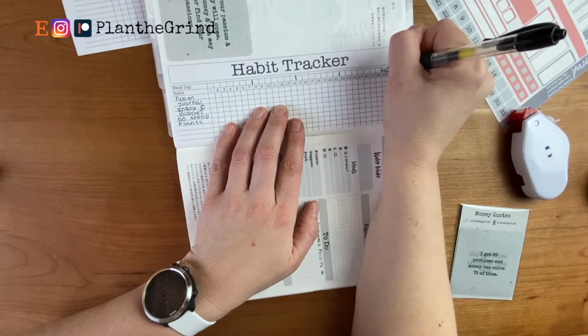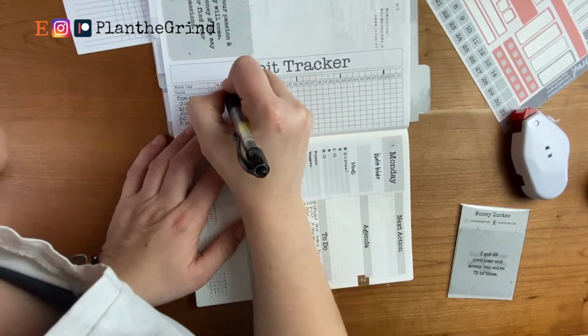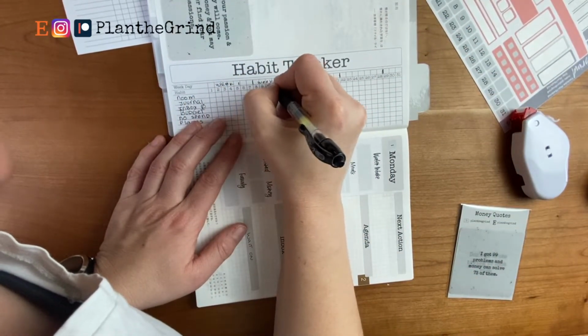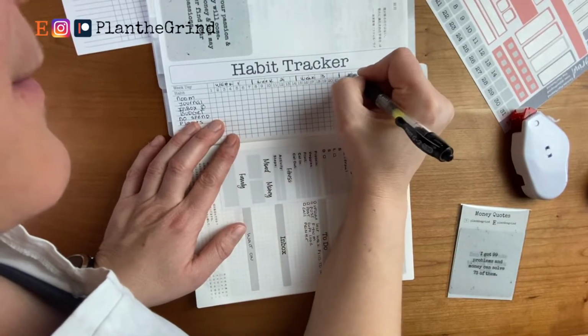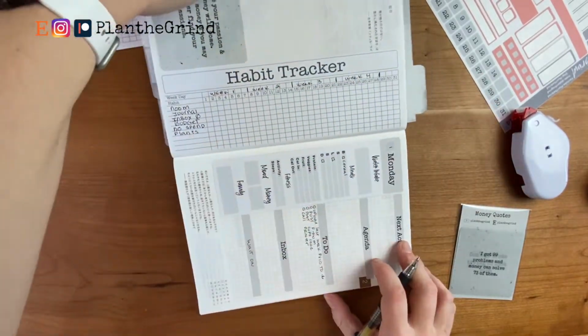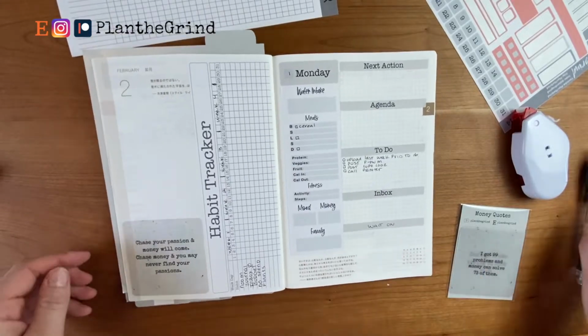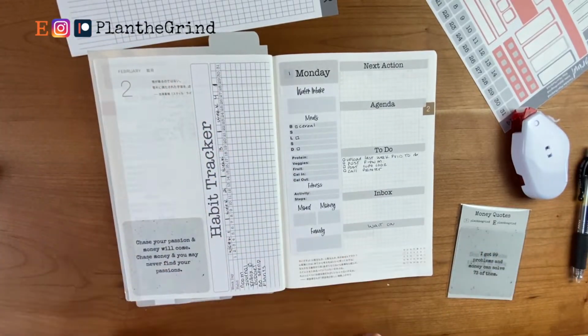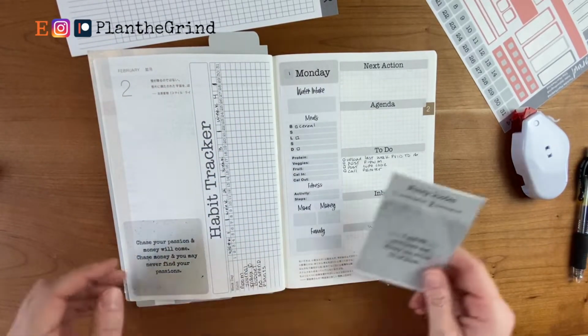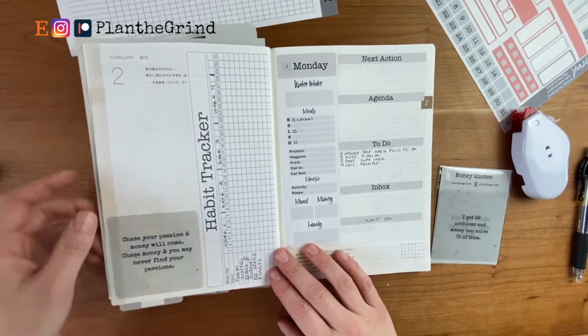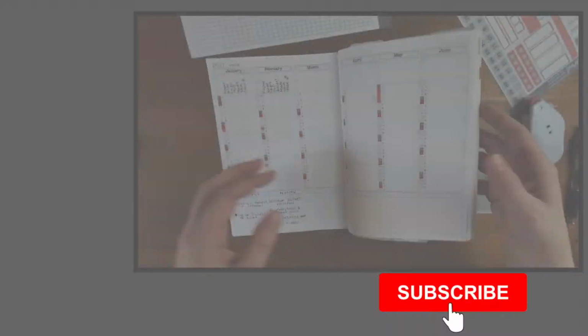I'm not doing a no spend month, but I am going to highlight the days where I don't spend money. The habit tracker is not really a daily thing, like watering my plants. I don't do that daily, but I might do it weekly. So that's the idea behind tracking those.